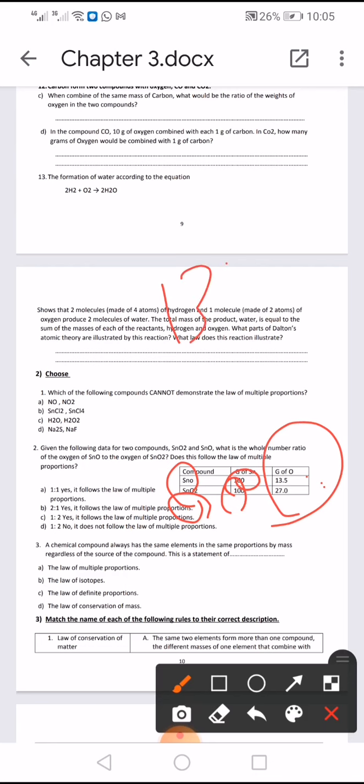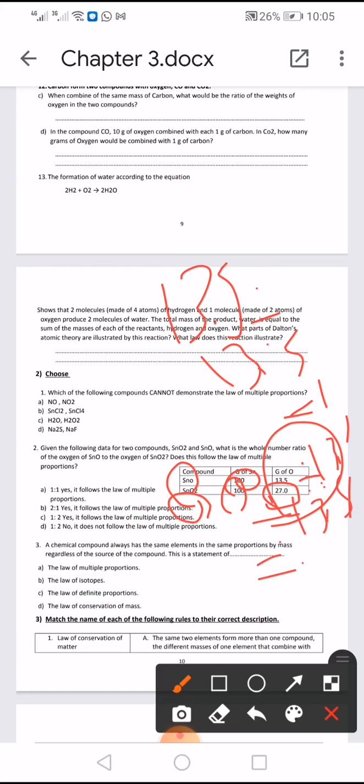So 13.5 divided by 13.5 is 1, while 27 divided by 13.5 equals 2. So the ratio is 1 to 2, and it follows the law of multiple proportion.